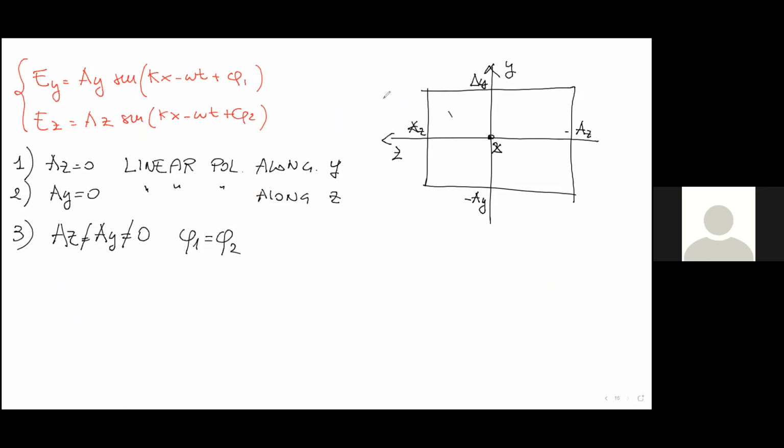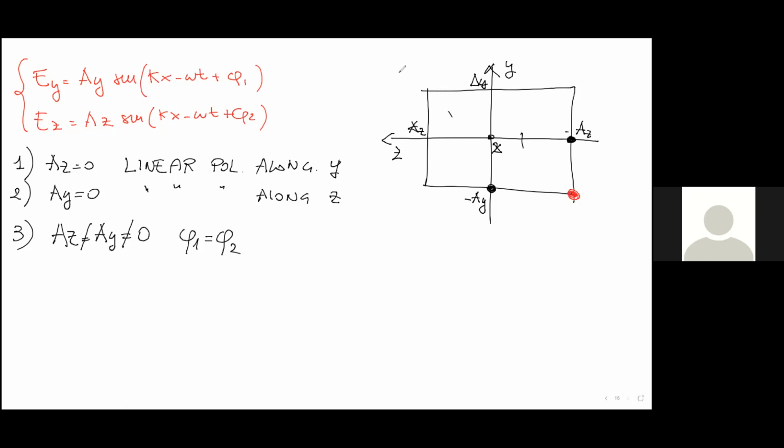Along the y direction, you see the field that oscillates like that, but they do it in phase. What does it mean? When the z component is at a minimum, the y component is at a minimum. And so the composition of these two gives you a point that is here. So the field is here, okay?